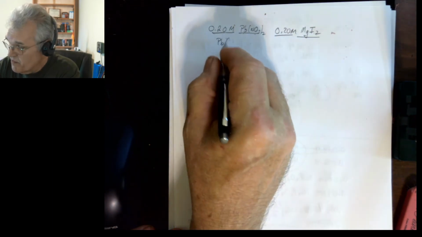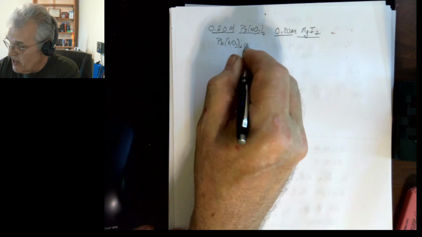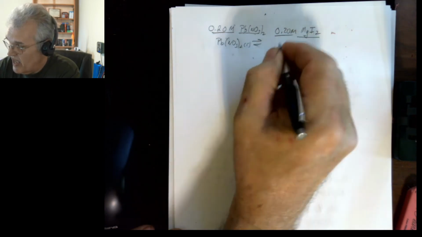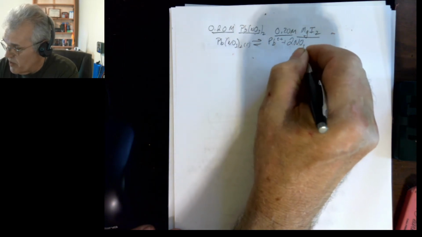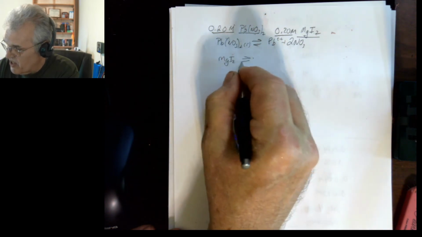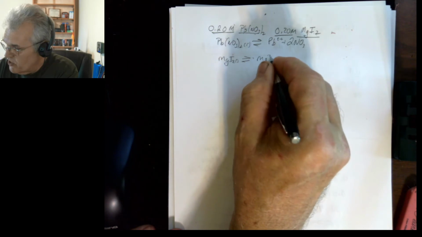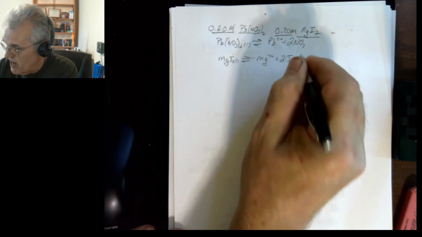We have Pb(NO3)2, and that's going to go into solution as Pb2+ and 2 NO3-. And we have magnesium iodide, and that's going to go into solution as Mg2+ and 2 times I-.